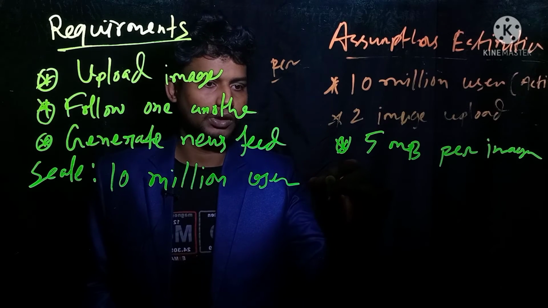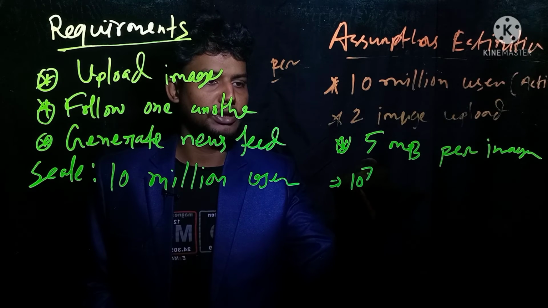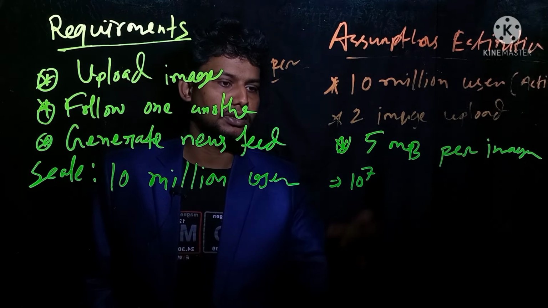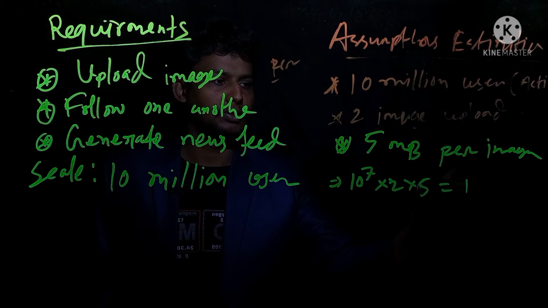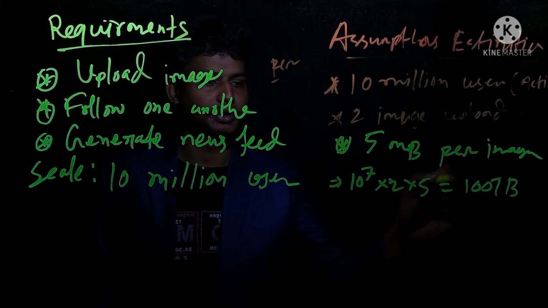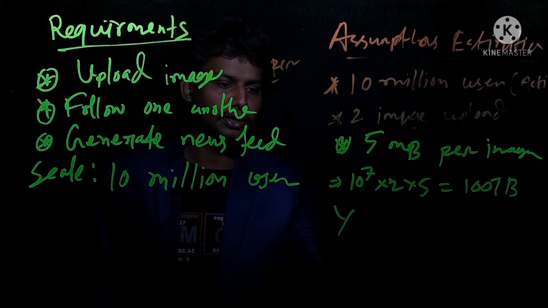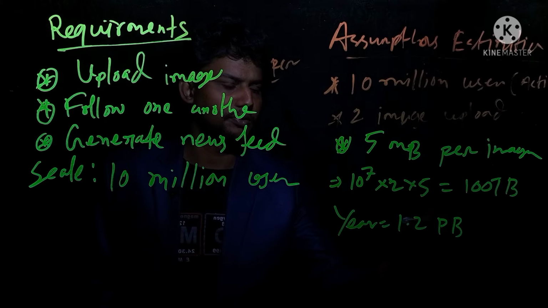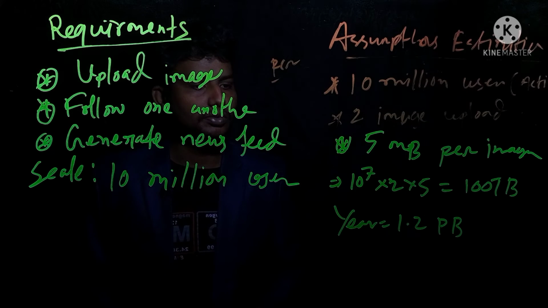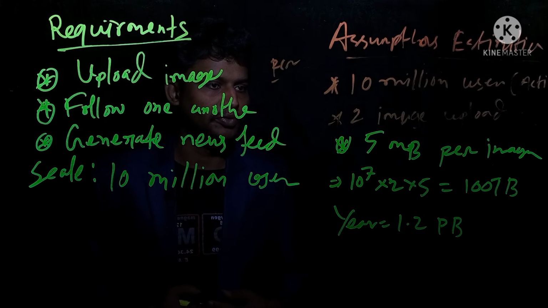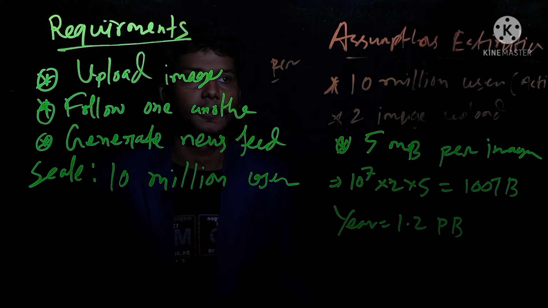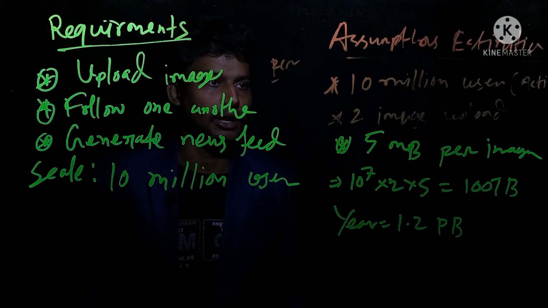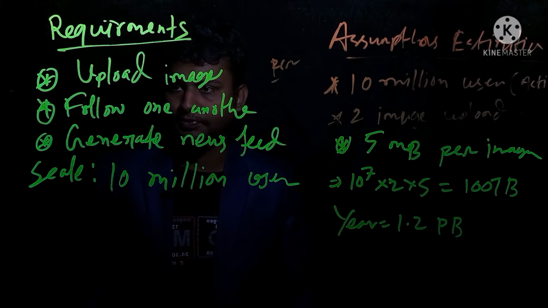So here 10 million approximately times 2 images and 5 MB is approximately 1 terabyte per month, and for a year 1.2 petabyte. Okay, so for simplicity we will have 1 terabyte data storage per year if we have 10 million users, right?